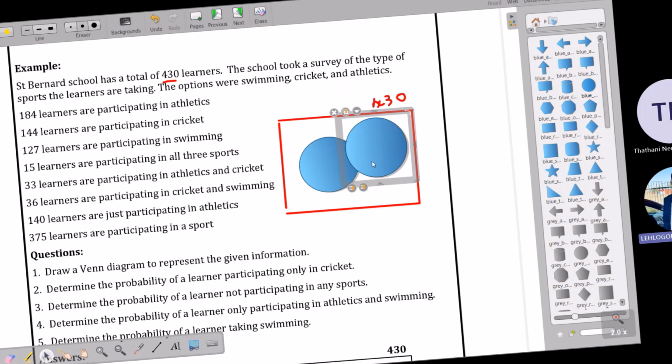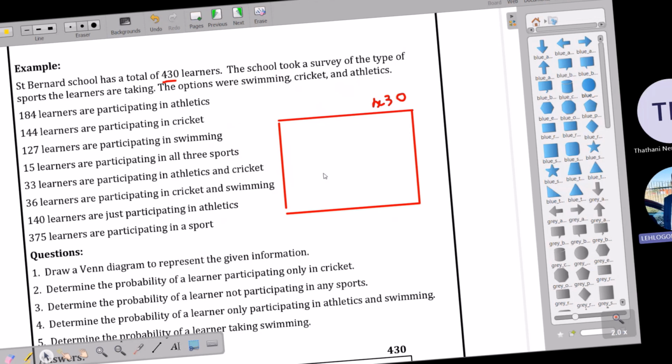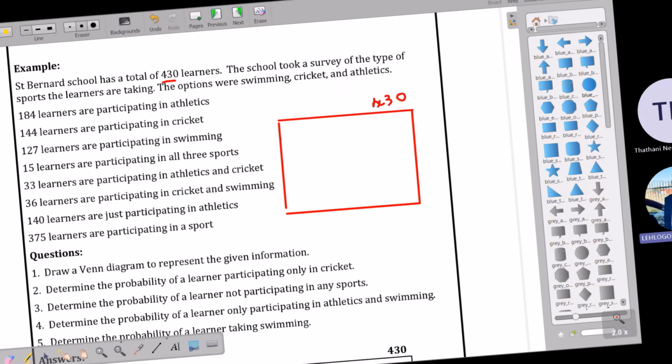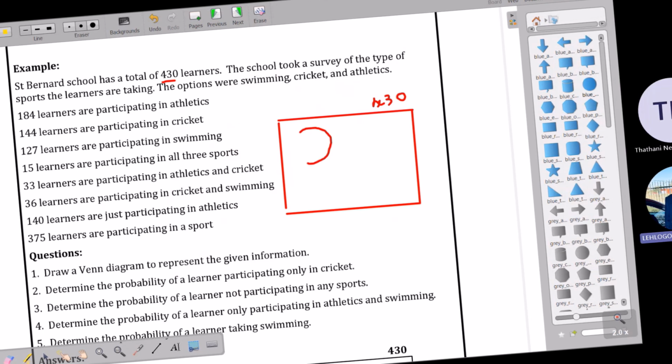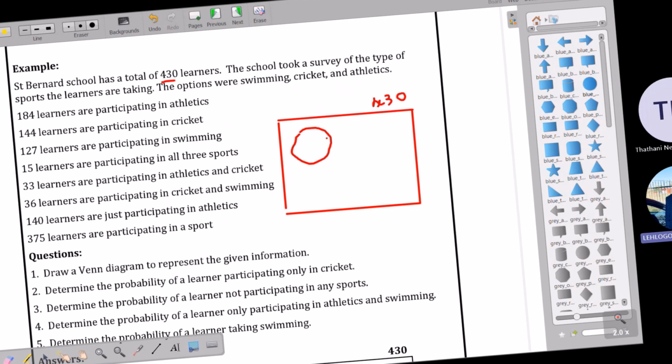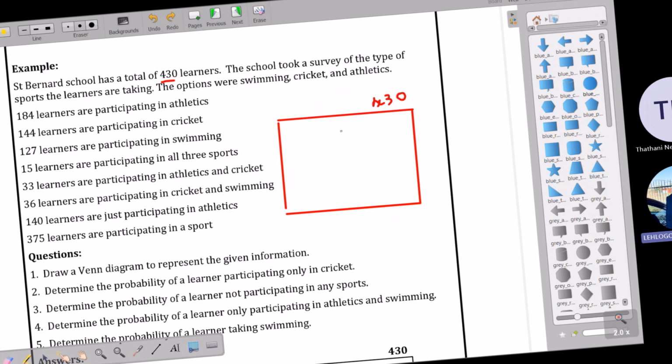I will draw the nice one with my pencil. Let me try the nice one with the protractor. Okay, circle number 1, the beautiful one. This one is not beautiful. Let me start afresh.